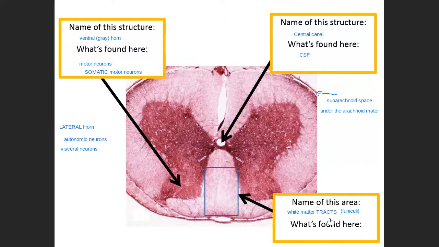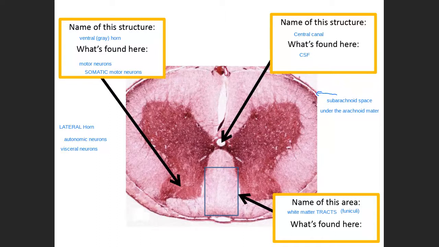So white matter tracts. This is what we find in all of the parts of the spinal cord that have white matter in them. When we talk about the white matter of the spinal cord, why is it white? What parts of a neuron or what chemical compound do we have a lot of in the tracts of the spinal cord?